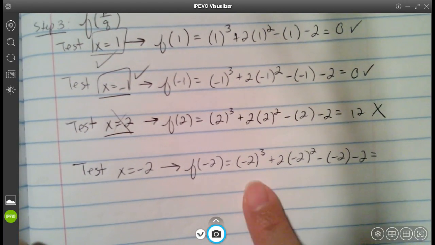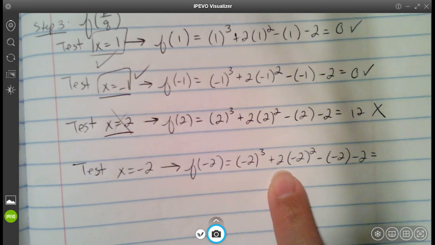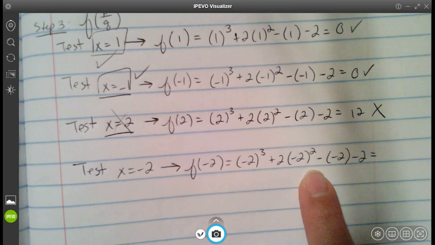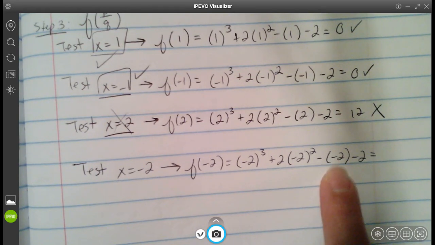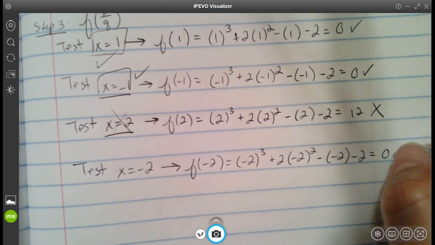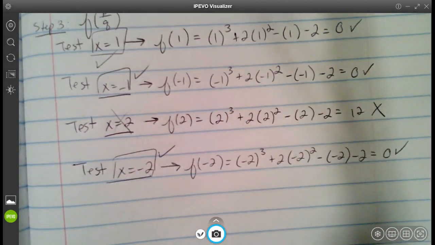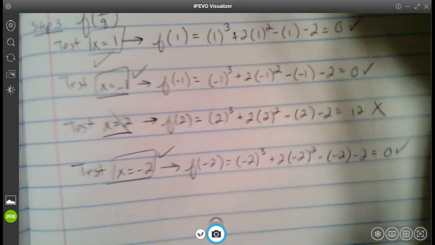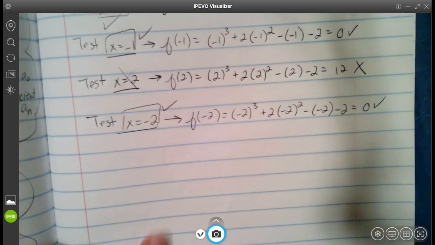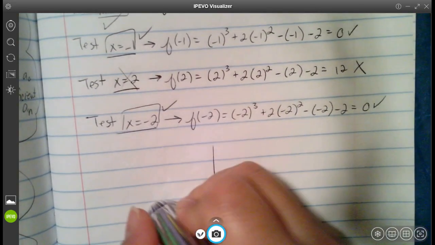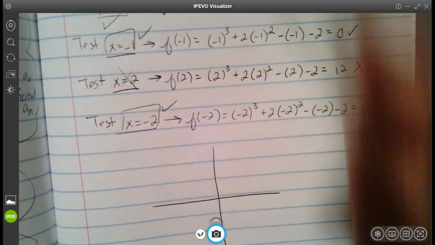So this is going to be -8 plus 8, which is 0. And then this right here is going to be +2, and 2 minus 2 is 0. So it looks like we found our third 0. And now that I have some room here, I'm going to do a quick little sketch of that graph.